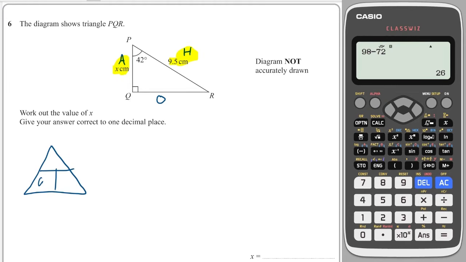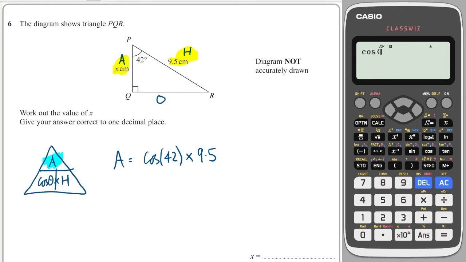So I like to write it out as cosine of the angle, A over H. And what am I looking for? I'm looking for A. So I'm going to cover A, which tells me that I need to multiply these two down the bottom. So I write that A is equal to cosine of the angle multiplied by the hypotenuse, 9.5.